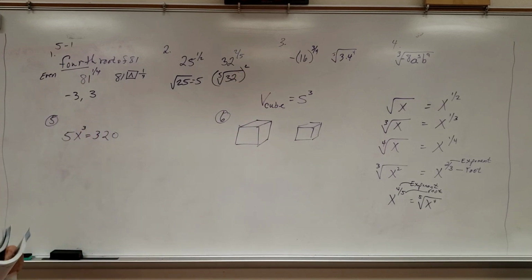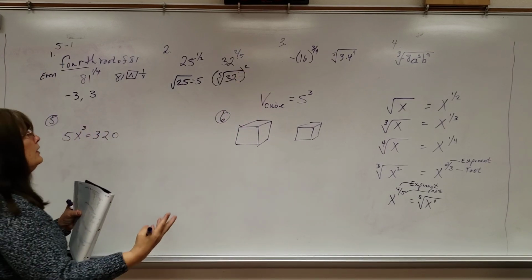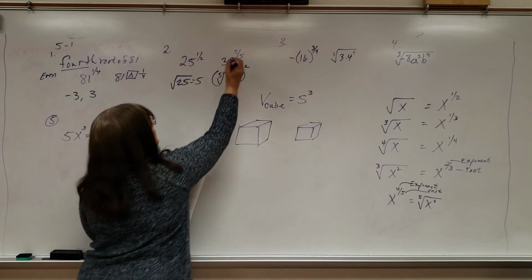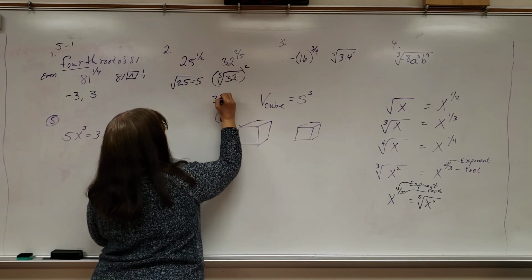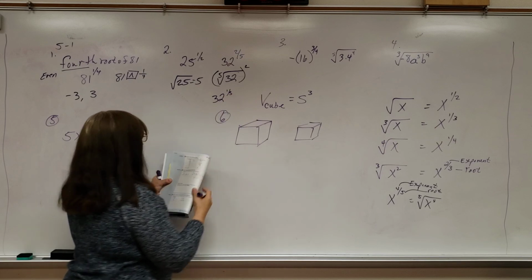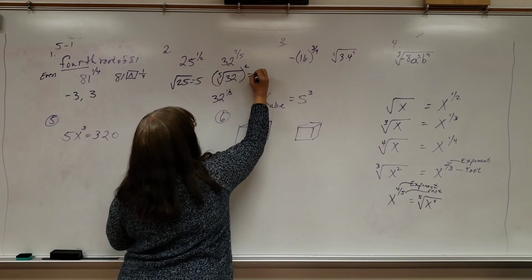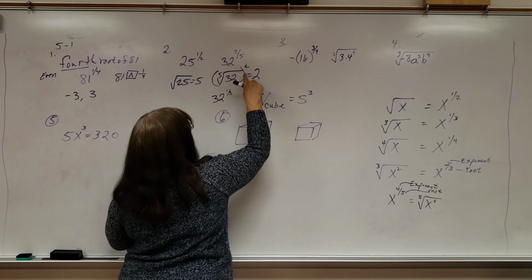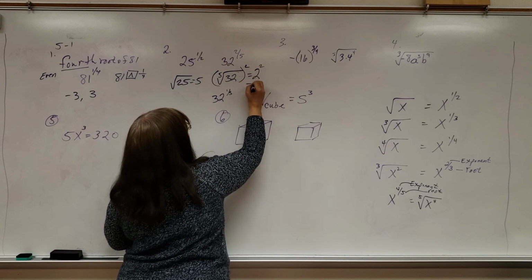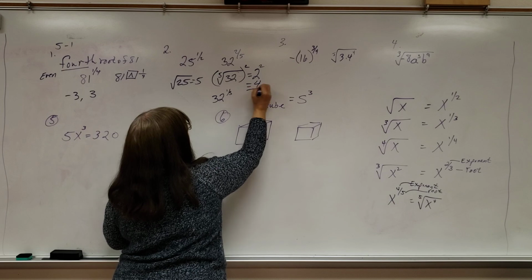That'll be easier. So if I take the 5th root of 32, in other words, 32 to the 1/5, I will get 2. And then we square 2, so our answer will be 4.